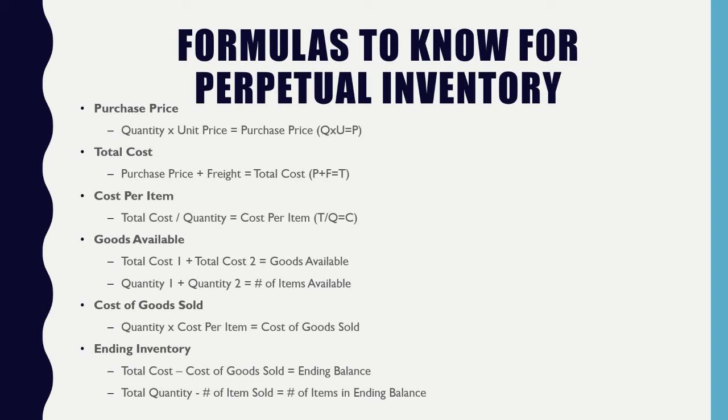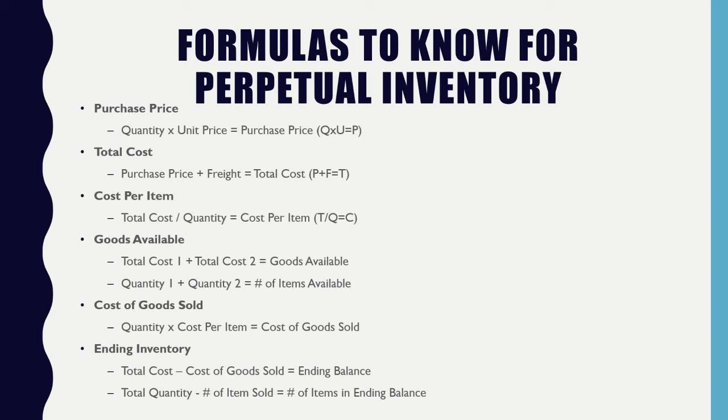The only difference is now when we're calculating our goods available, it's actually going to be your total cost 1 plus your total cost 2 that gives you your goods available. What do I mean by that? Well, just look at the formulas first, and then we'll look at the spreadsheet, and I'll show you exactly what I mean. The next one is quantity 1 plus quantity 2, which gives you your total quantity.